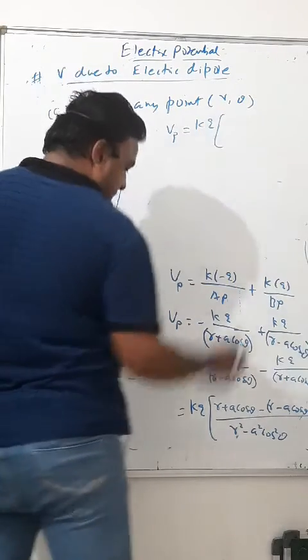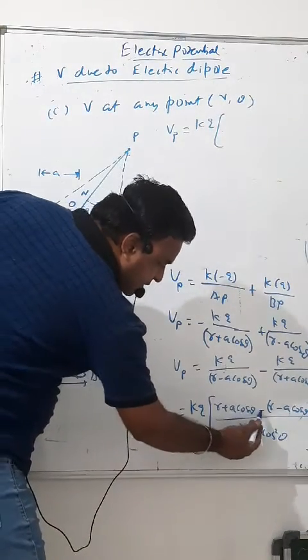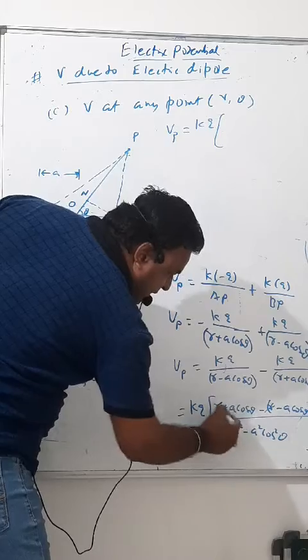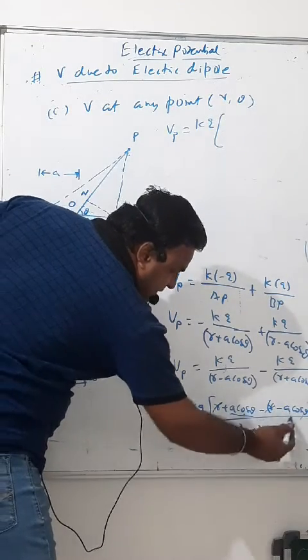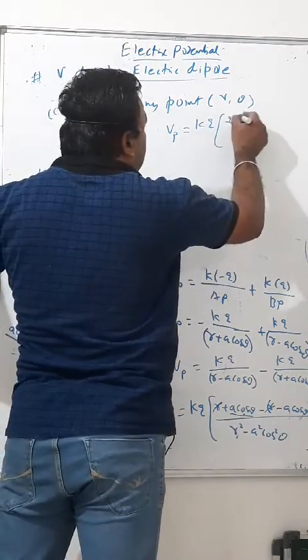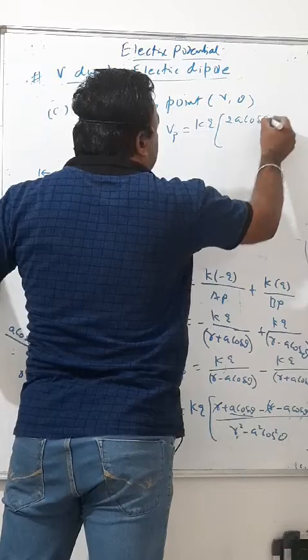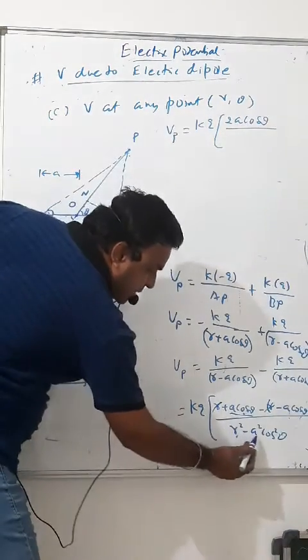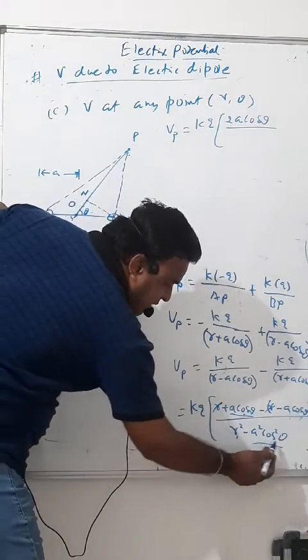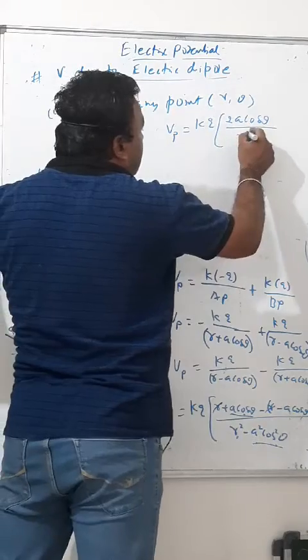Finally, I have this situation that VP is what? KQ. R plus A cos theta minus R cancel. A cos theta plus A cos theta, it becomes 2A cos theta upon R square minus A square cos square theta. A square cos square theta is negligible to R square, it is R square.